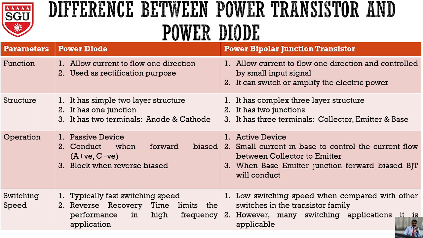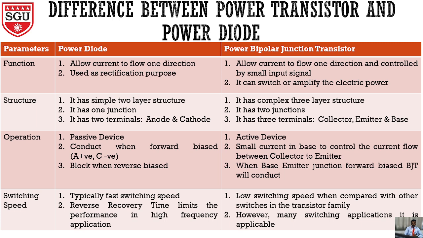Then the power diode will block when reverse biased. That means whenever anode is negative and cathode is positive, it will be in reverse bias. But in the power junction transistor, whenever the base emitter junction is forward biased, the BJT will conduct.